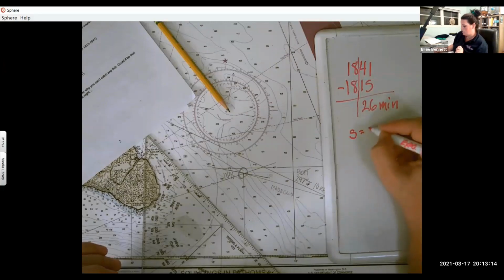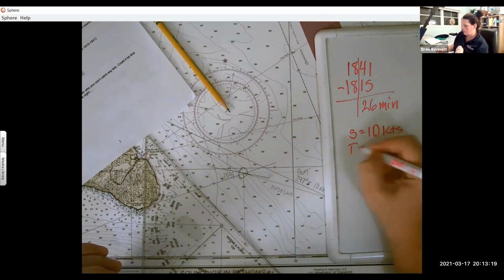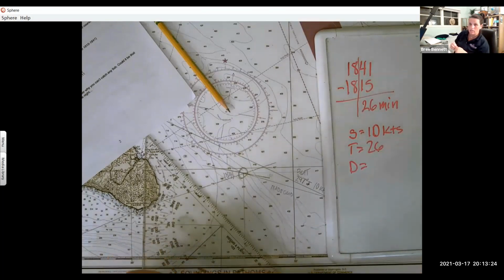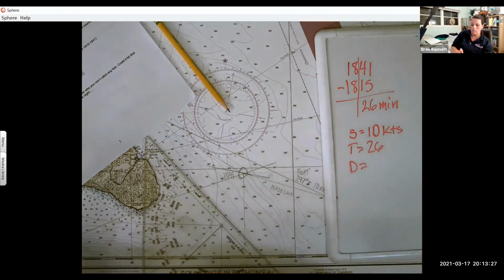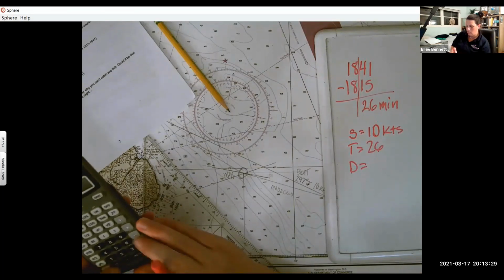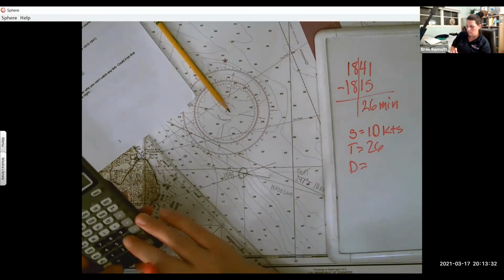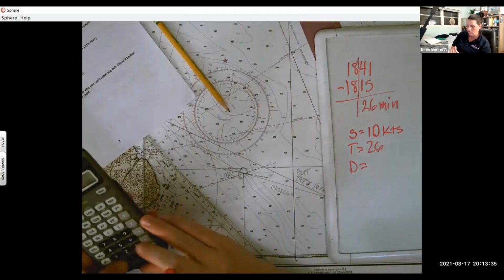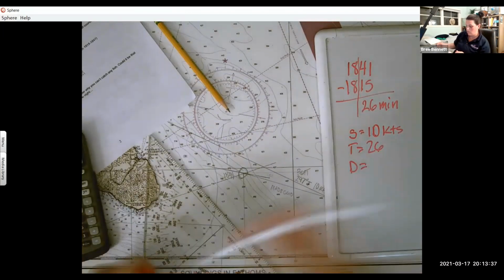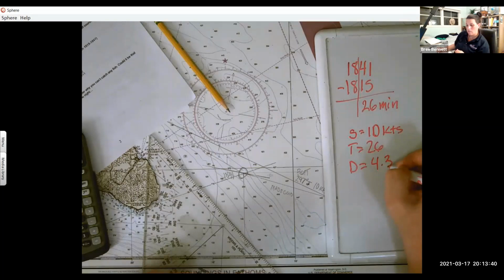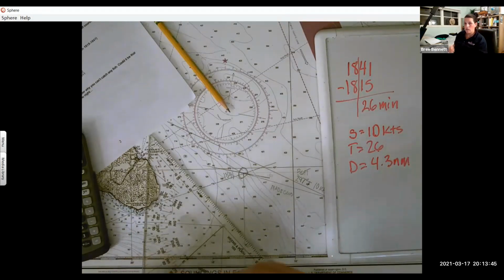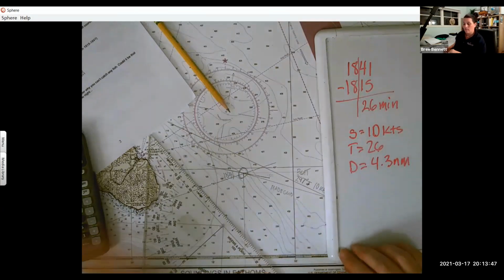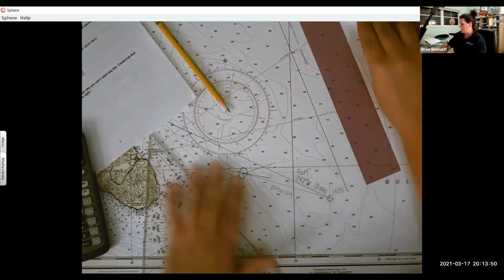My speed was 10. My time is 26. What would have been my distance traveled? 4.3 nautical miles. So I'm going to plot my DR.